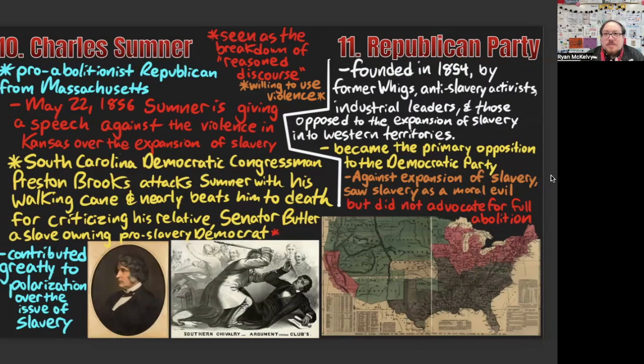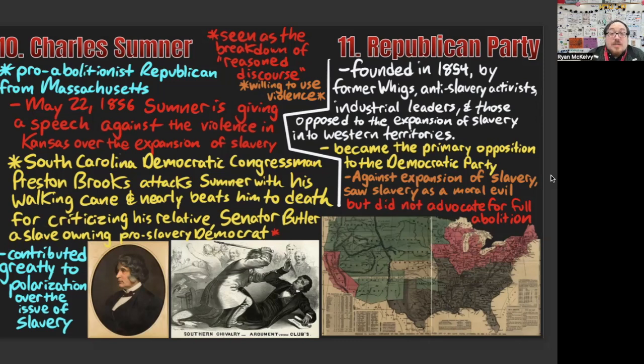As I've mentioned a couple times, the Whig Party is no more. They had only a couple decades before they collapsed. And a lot of this is because they were spread out across the country and they were not all in agreement over the issue of slavery. And so ultimately, the party will tear itself apart in 1854.